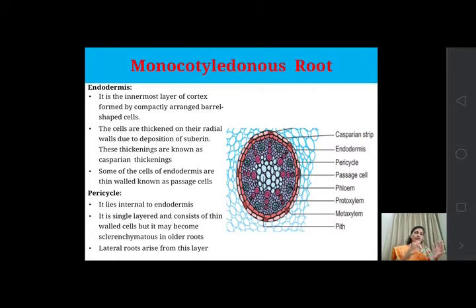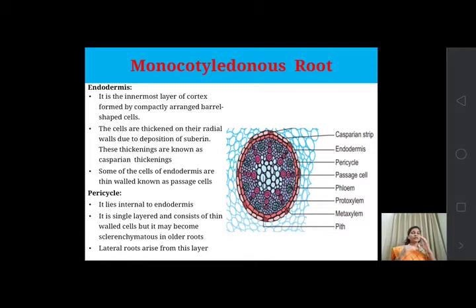So the first part of the stele region is the pericycle. Just inside, the pericycle is present. It lies internal to the endodermis, and it is single layered and consists of thin walled cells, but it may become sclerenchymatous in older roots.